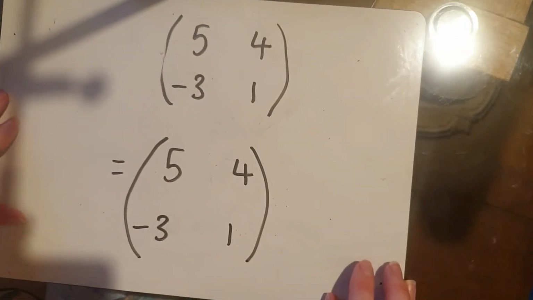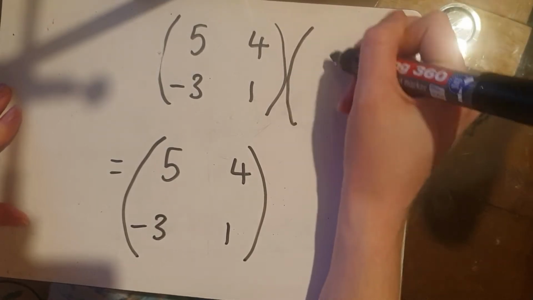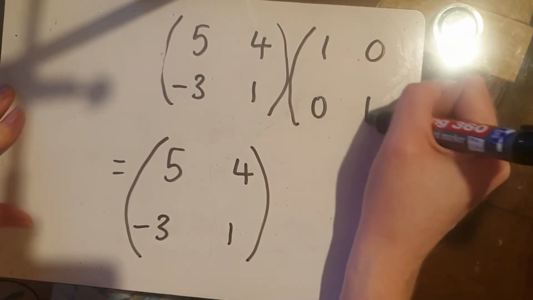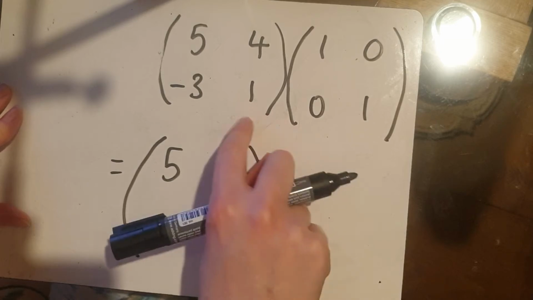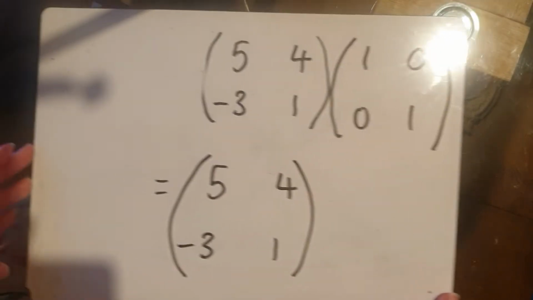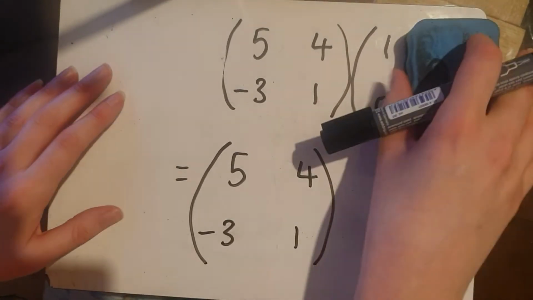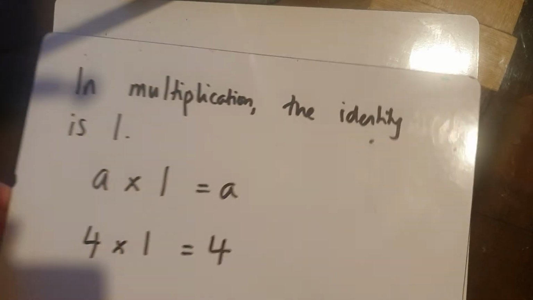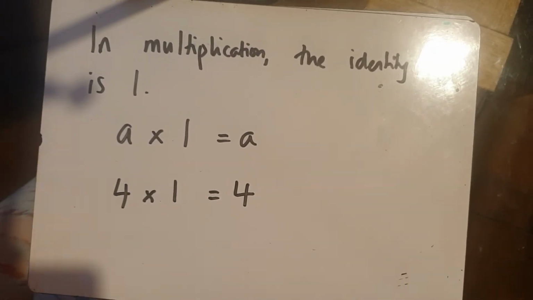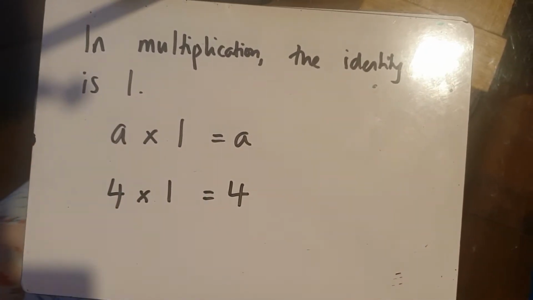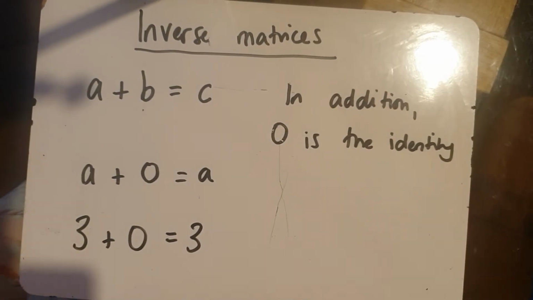It does matter what order we do it in. It doesn't matter when we're multiplying by the identity matrix. So this will be the same as well. So the identity matrix is the same as the number 1 under multiplication and the number 0 under addition.